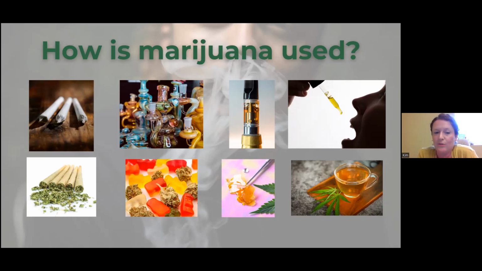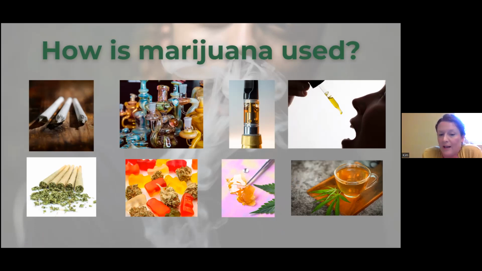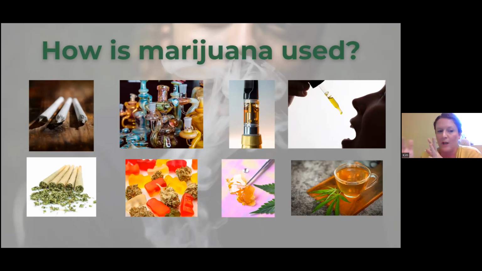When it comes to edibles and the high potency marijuana used in the dabs, that is where we are finding more of the psychotic episodes happening. We're going to get into a little more about the THC levels. But these two areas are where we are seeing the majority of our youth using, either in the vaping products, which is this picture right here, the edibles, or the high potency dabs, or different products like that.